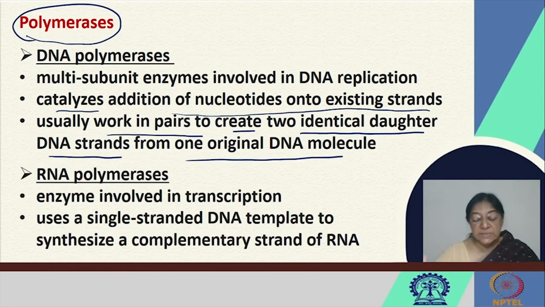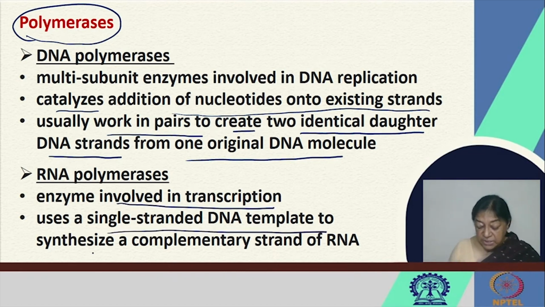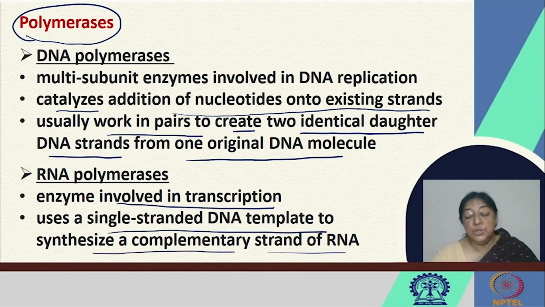RNA polymerases are enzymes that are involved in the transcription process. This uses a single strand DNA template to synthesize a complementary strand of RNA. So we realize the very important activity of these specific proteins.